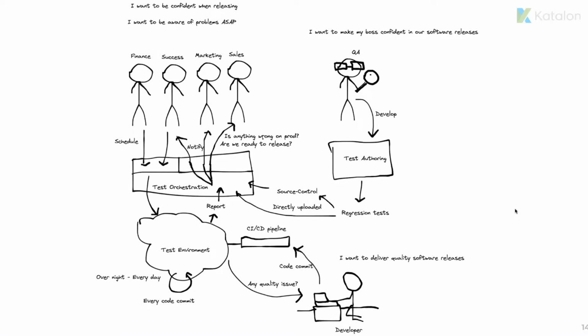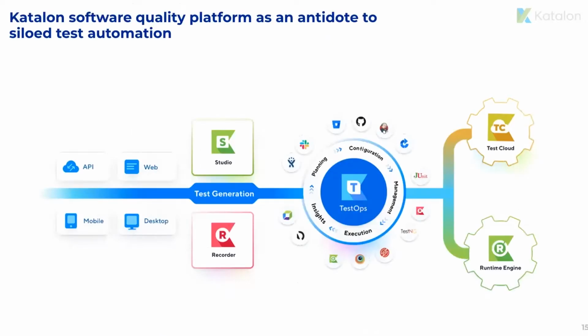That is software quality platform, but how does it relate to Katalon? First of all, I want to sort of introduce our Katalon platform. Our Katalon platform is more than a set of products.